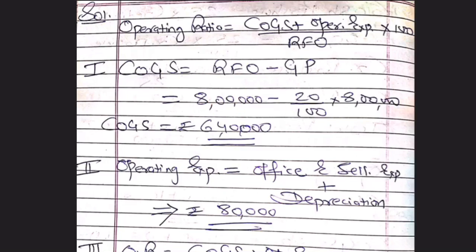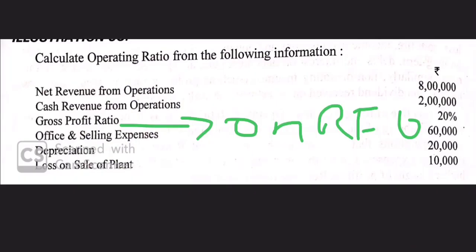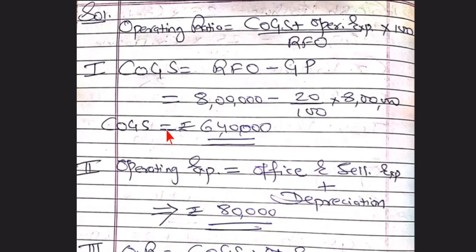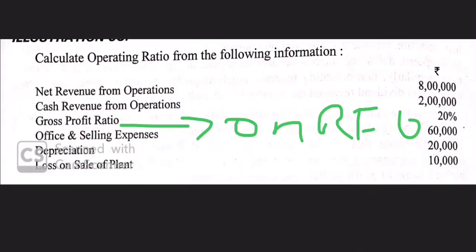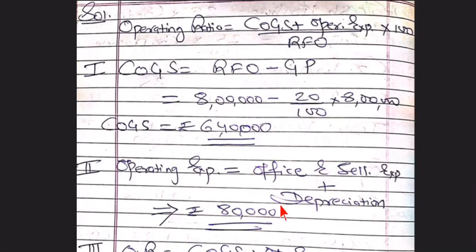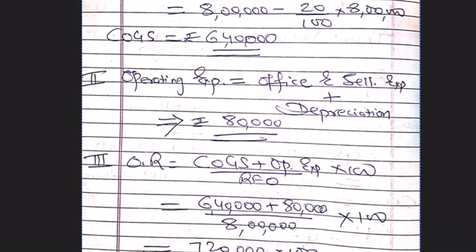RFO is given as 8 lakh and GP is 20% of RFO. After calculating GP as 1,60,000, the value of COGS is 6,40,000. Operating expenses are office and selling expenses and depreciation. These two are your operating expenses. Adding these two, we calculated the value of operating expenses as 80,000.